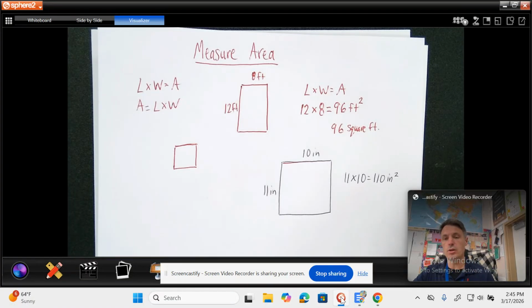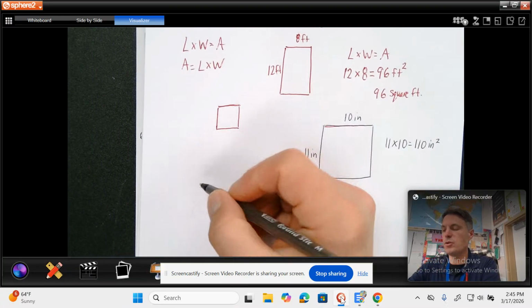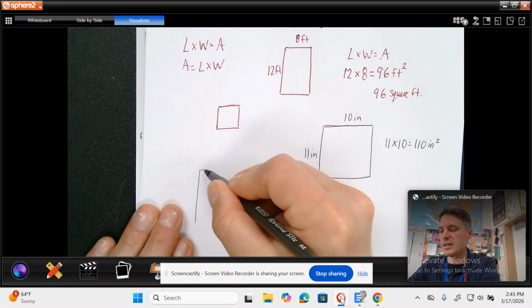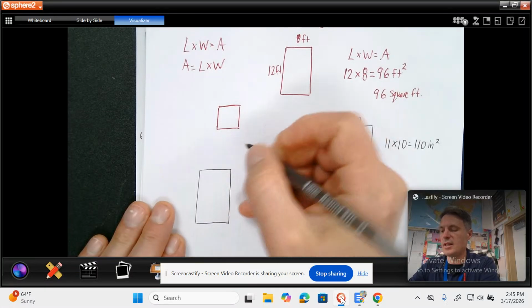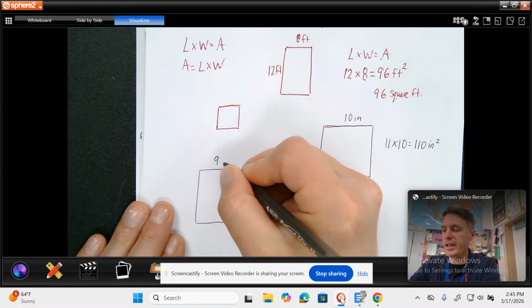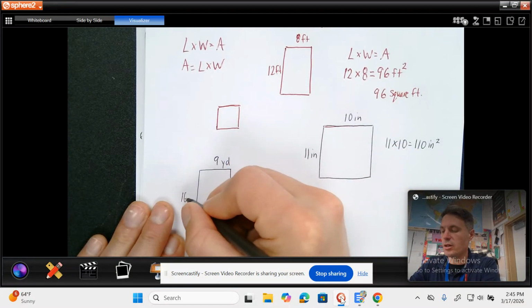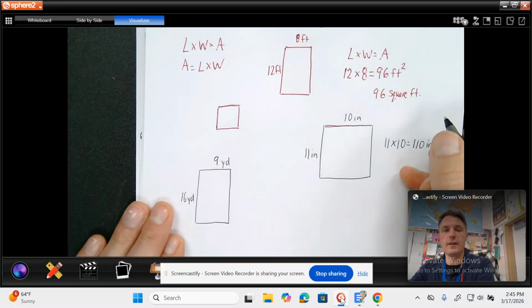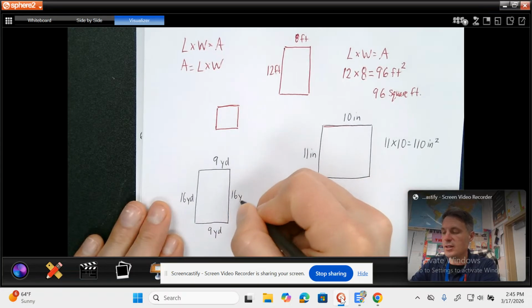Now, you know how I said you have to multiply both numbers together? You do have to be careful which numbers you multiply together, because sometimes it'll give you all 4 numbers. So let's say we have this rectangle here, and let's say this is, I don't know, 9 yards by 16 yards. I'm just kind of making up numbers here. Well, sometimes they'll also include the fact that it's 9 yards here and it's 16 yards here.